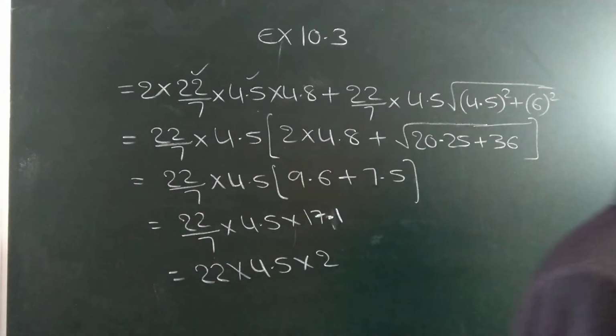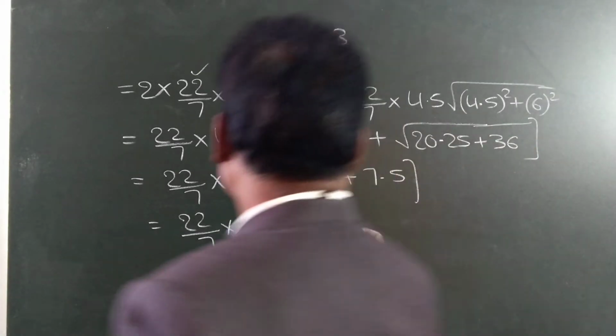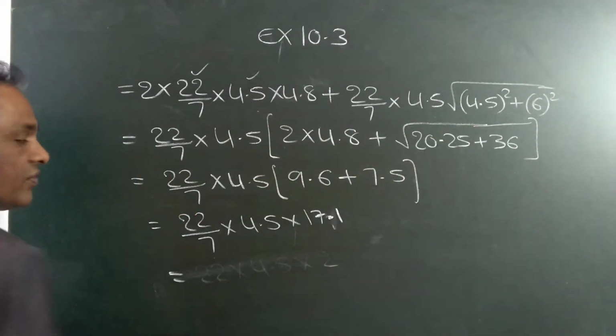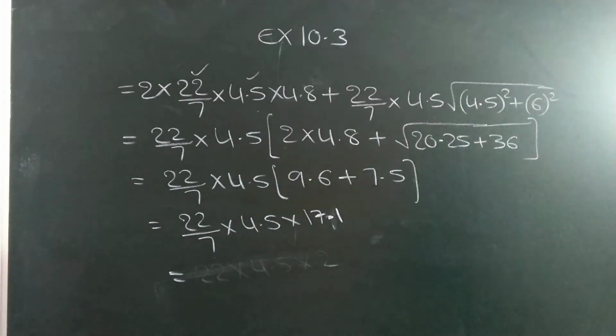First multiply all the three numerators and divide by 7, because it is not cancelling. Multiply all the numerator values, then divide by 7.